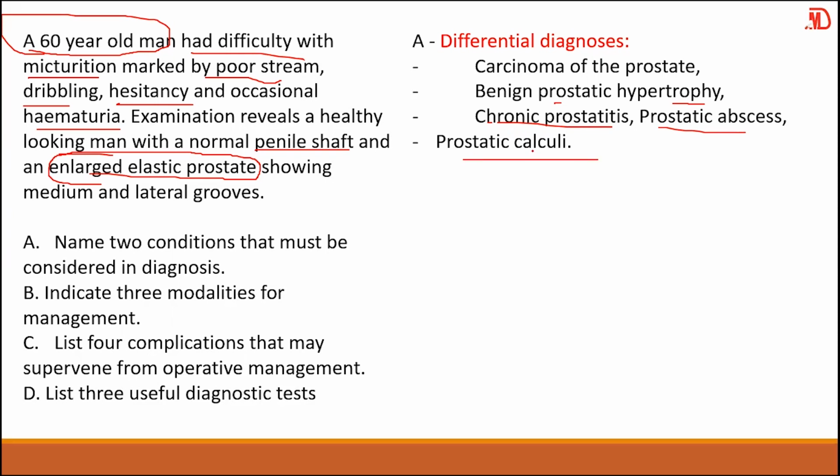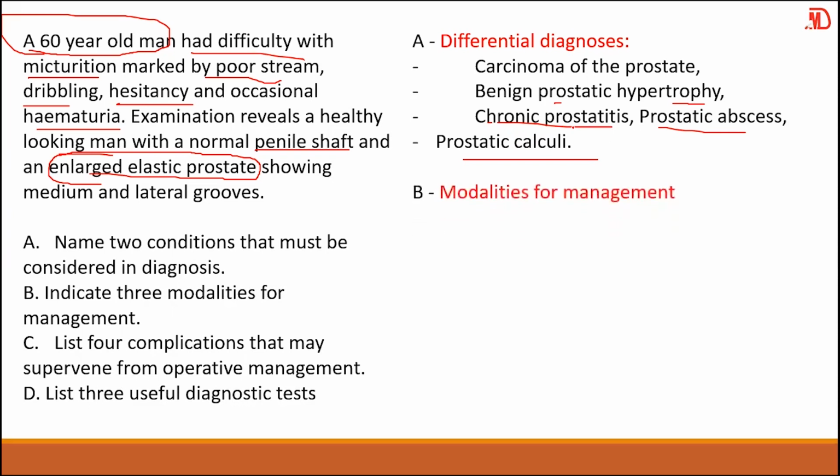Prostatic calculi is the presence of a stone in the prostate. Yes, it's possible. It can also be an abscess or an inflammation. So all of these things are our differential diagnosis, and it's only by a lab test or a biopsy that we can possibly tell what is really wrong with this patient. Okay, so again, these are your possible differential diagnoses.